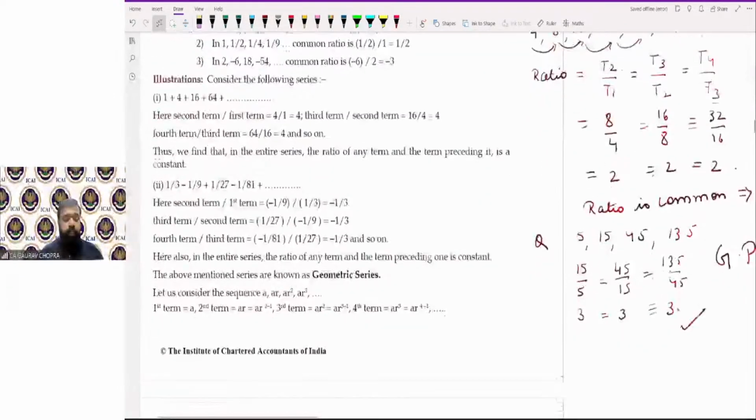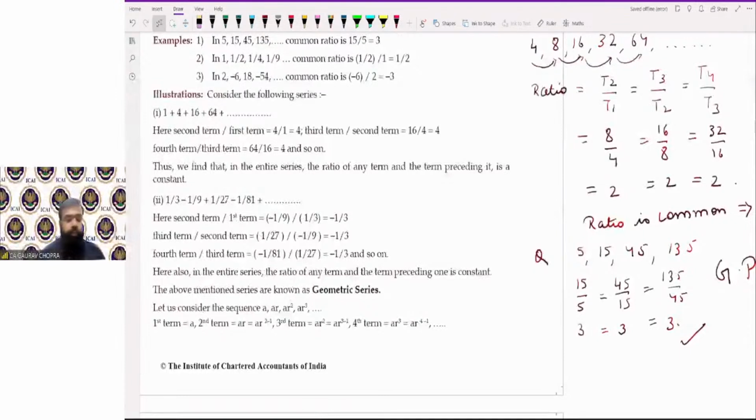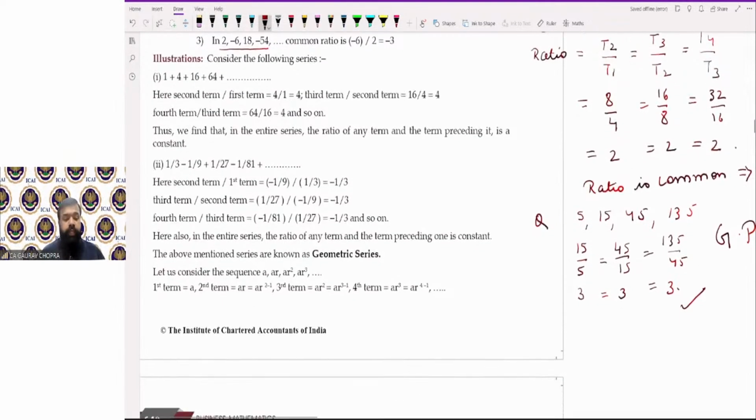Then let's take the third example also. Third one is 2, -6, 18, and so on. So let's write here 2, -6, +18, -54, and so on. So now, in this case, again, let's check. -6 by 2 gives -3. 18 by -6 gives -3. -54 upon 18 gives -3.